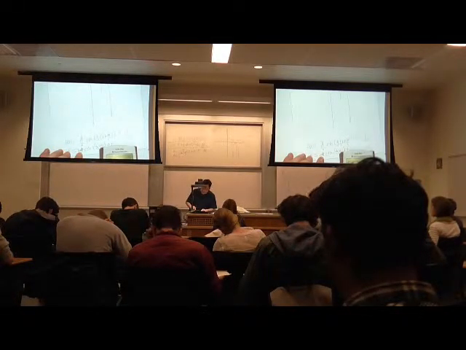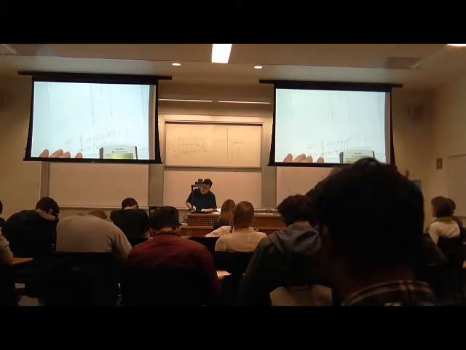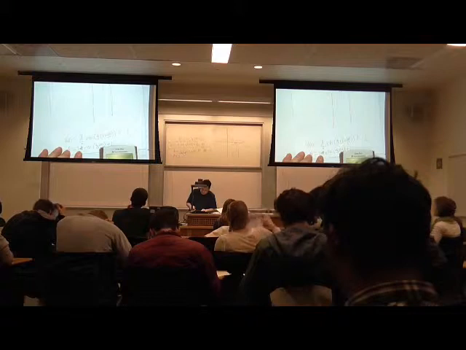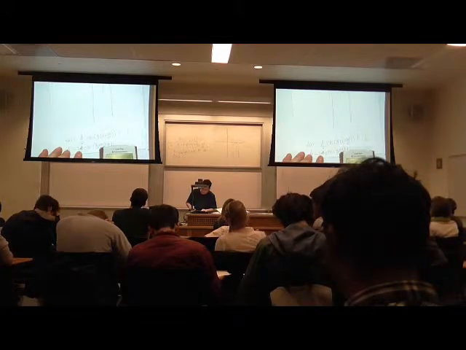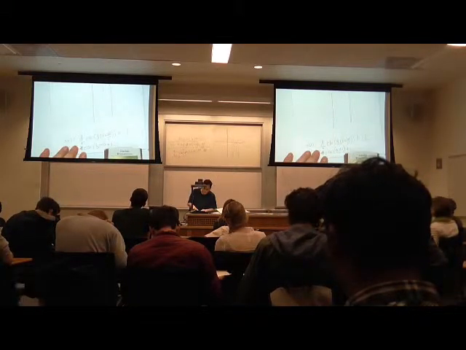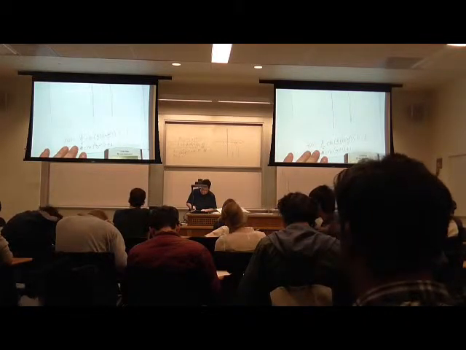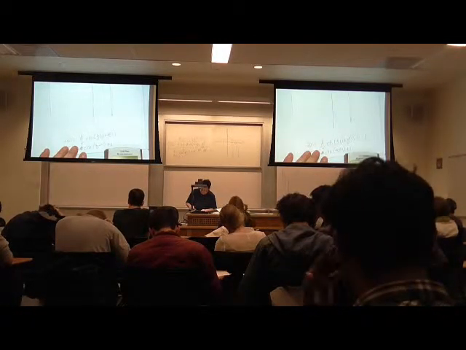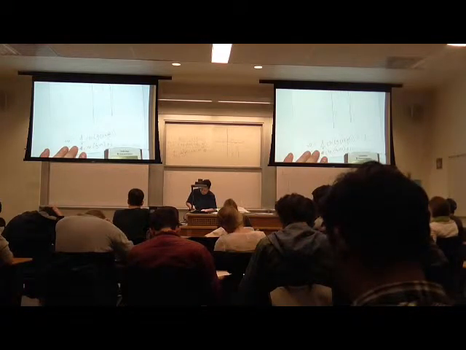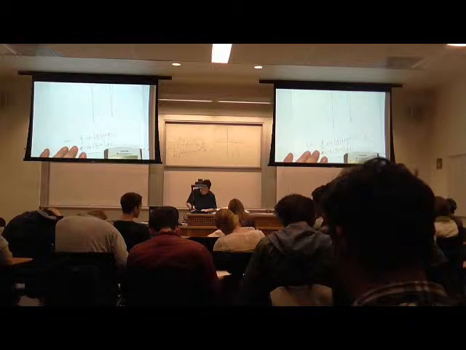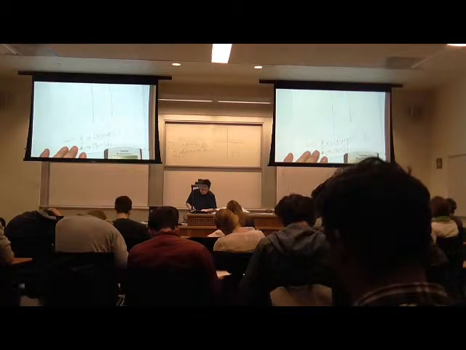Okay, so again, I don't have cotangent, so I'm going to have to say 2 divided by tangent of x plus 20 divided by 3, close paren.